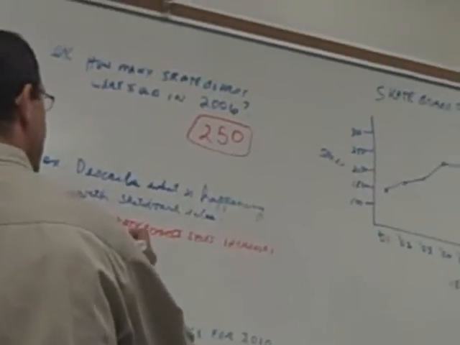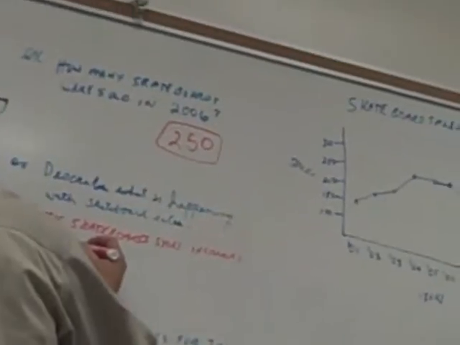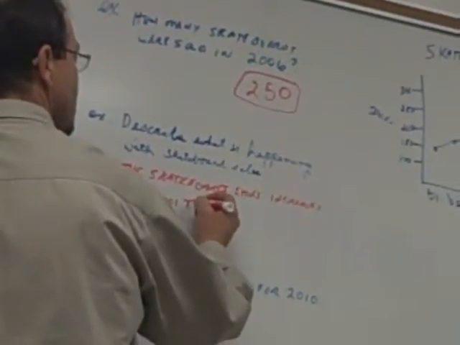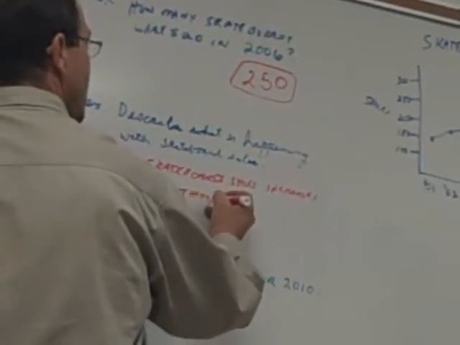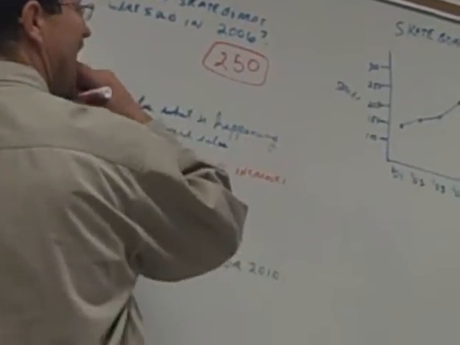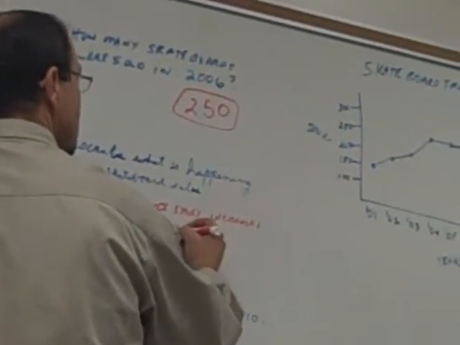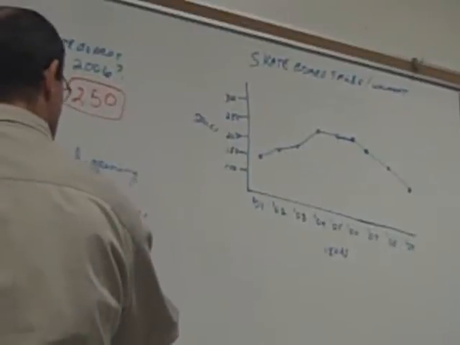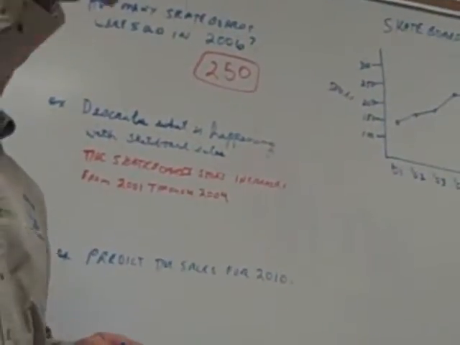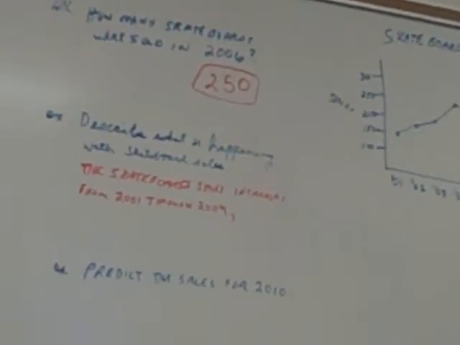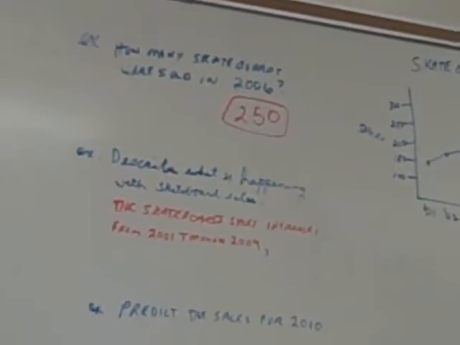From 2001 to 2004. Ron wants to say 6. That's okay, Ron. If you want to say 6, good. Comma, because more happens than just the sales increasing from 2001 to 2004.